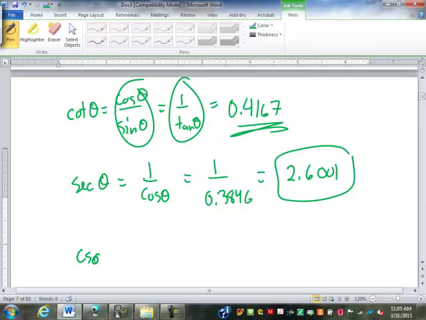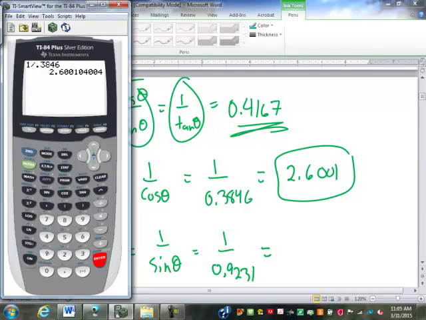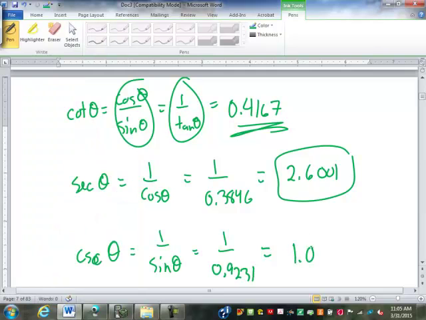Cosecant of an angle is 1 divided by the sine. It would be 1 divided by 0.9231, otherwise known as 1.0833. Does that make sense?